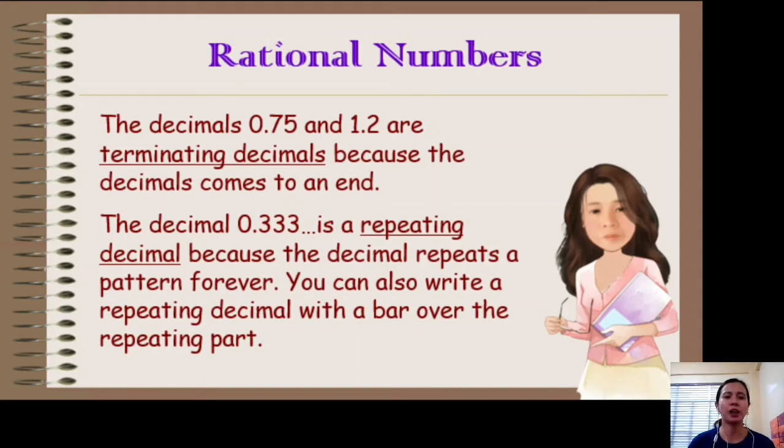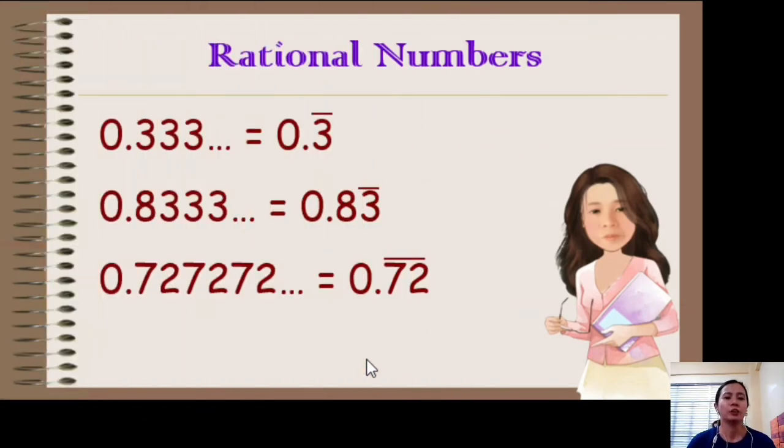So decimals like 0.333 is a repeating decimal because the decimal repeats a pattern forever. You can also write a repeating decimal with a bar over the repeating part. So, rational numbers, katulad ng sinabi ko earlier, can put a bar over the number that repeats. So, katulad nito, 0.3 with a bar. It means 3 is repeated.